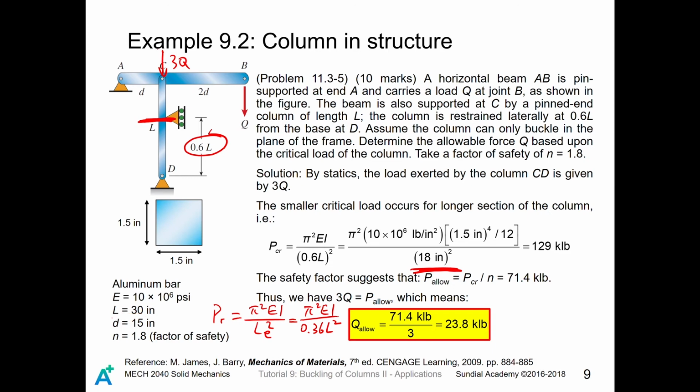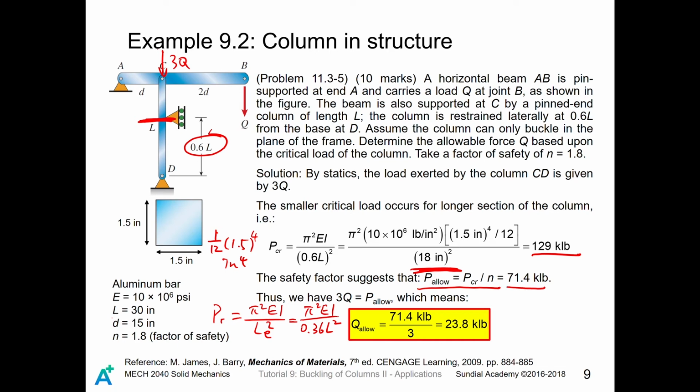The moment of inertia of the square can be computed as 1/12 of 1.5⁴ inch⁴. Eventually you will get the critical load, which is 129 kilo-pounds, and the safety factor suggests that the allowable load on this column will be 71.4 kilo-pounds.